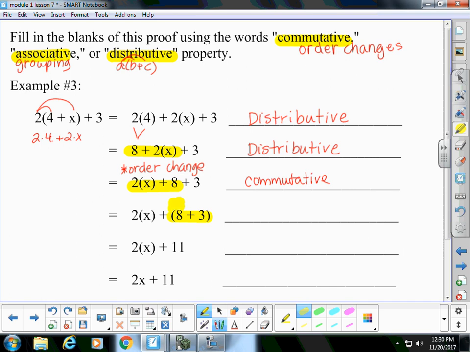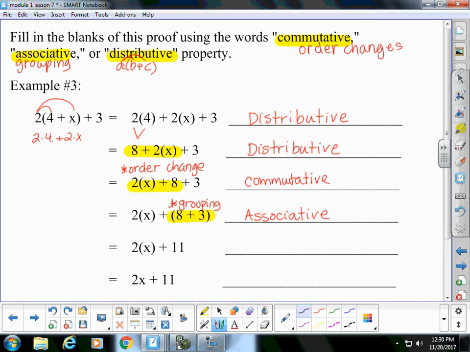They added parentheses here, so that's grouping. So that would be the associative property of addition, technically.